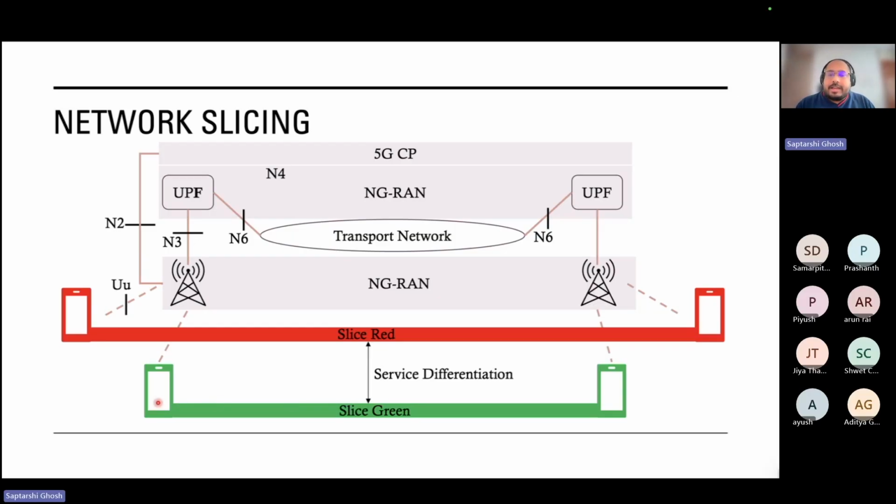The green customer would get more resources from the network. So let's say more bandwidth, less latency, that sort of service that the green customer might get.